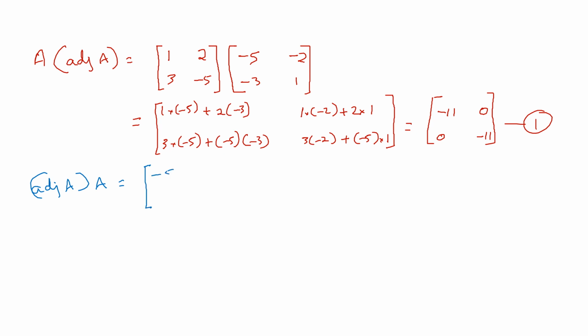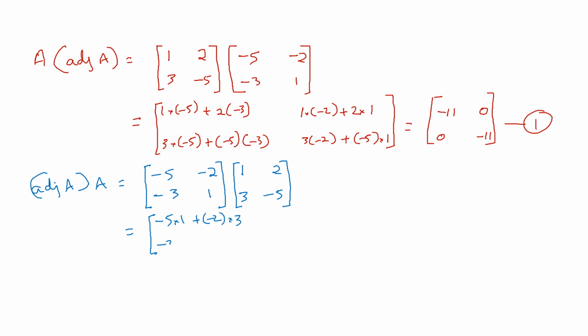So [minus 5, minus 3; minus 2, 1] into A, what is A? [1, 2; 3, minus 5]. Now you have to multiply this just like the previous case. What you get is minus 5 into 1 plus minus 2 into 3.